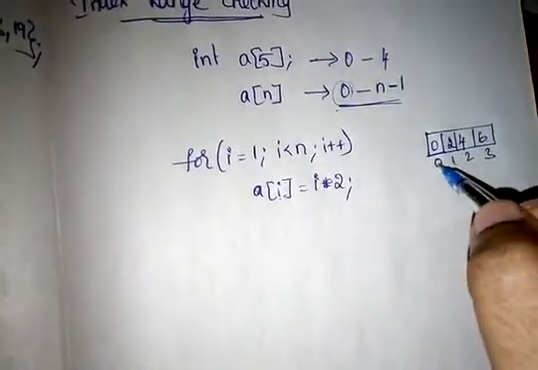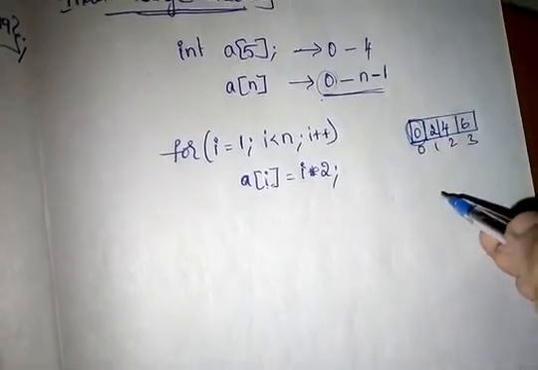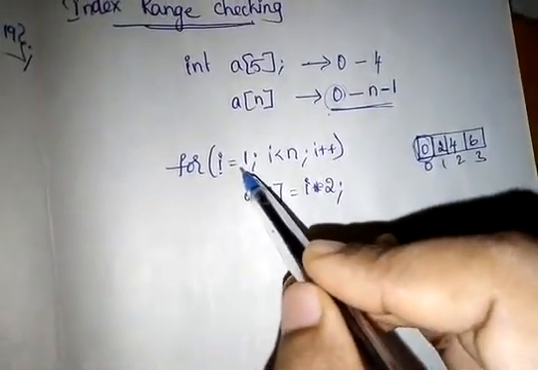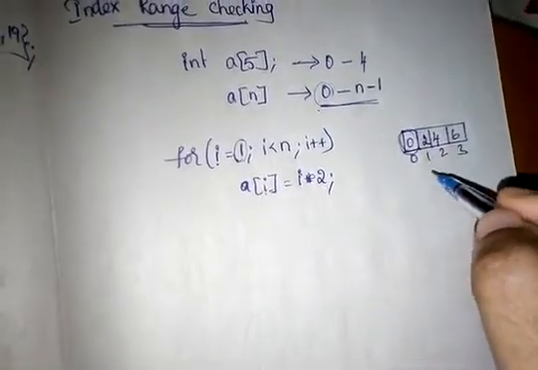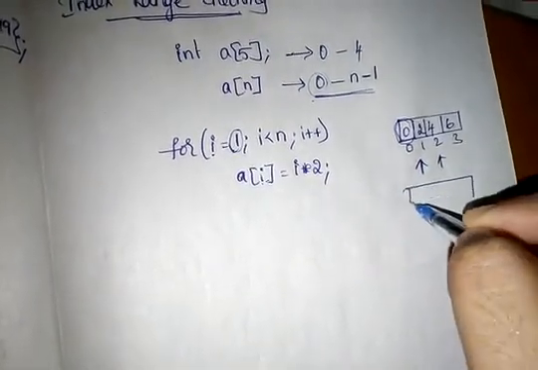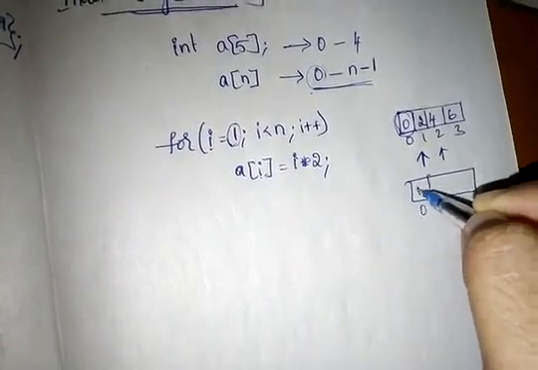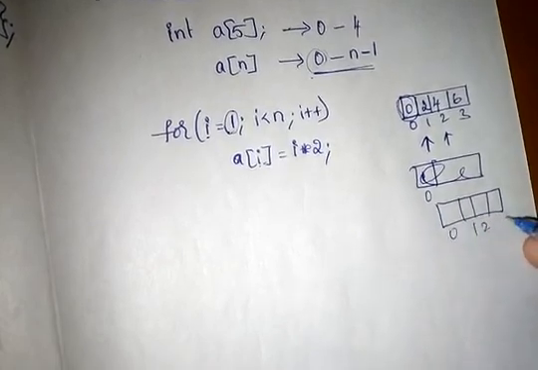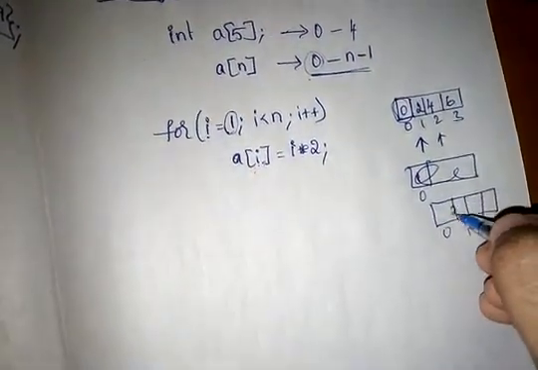Actually, in order to store like this, we have to start at index 0. But what I have written is I is equal to 1. So if you write like this, your elements will start assigning from index 1. So if your array is like this, 0, 1, 2, 3, as you have started from 1, a of 1 will be calculated, that is 2.